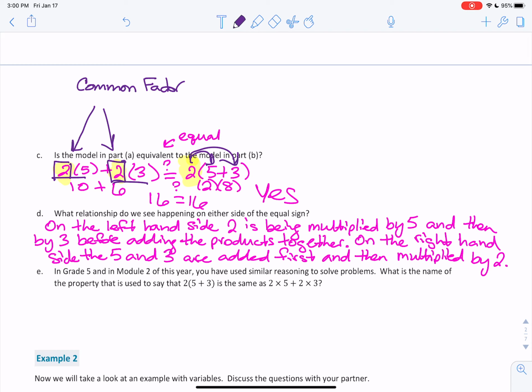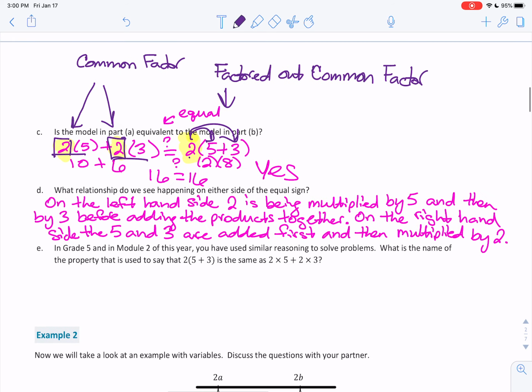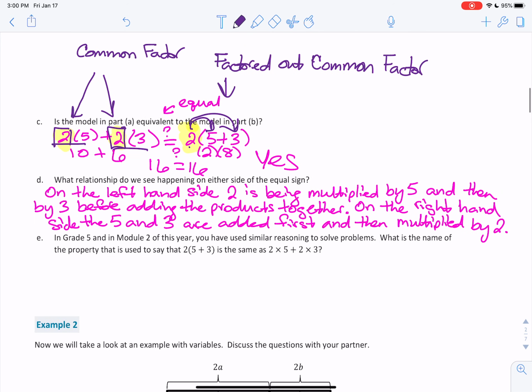And on the right-hand side, all they did was factor out the common factor. So 2 is the common factor, the number that both 5 and 3 multiply with, and they just removed that 2 and put it on the outside, right? They factored it out and left the 5 and the 3 on the inside.